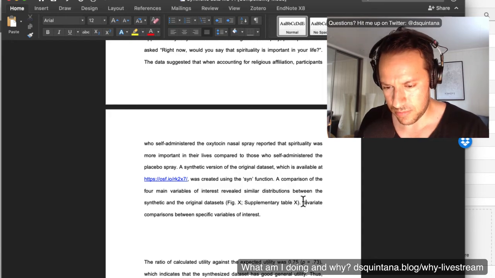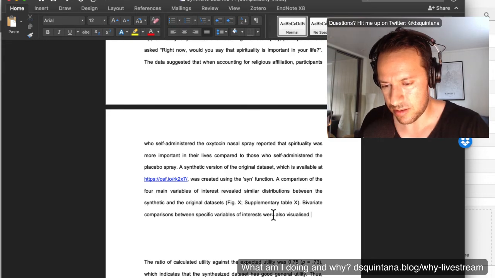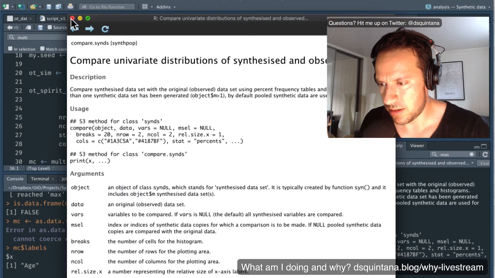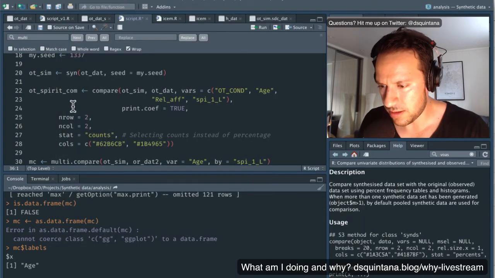Bivariate comparisons between specific variables of interest were also visualized. Fig X. This looks like this.